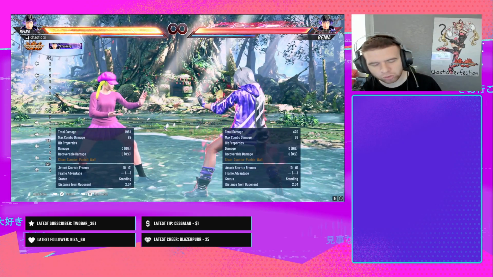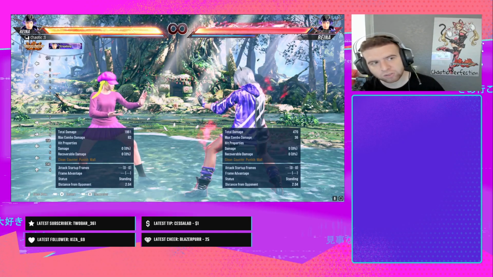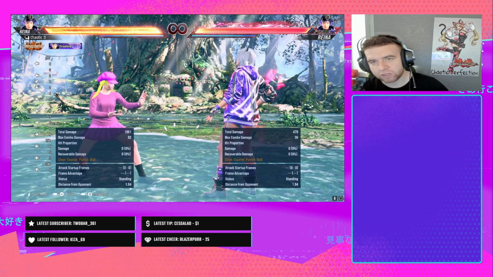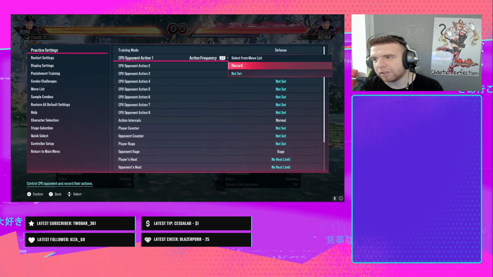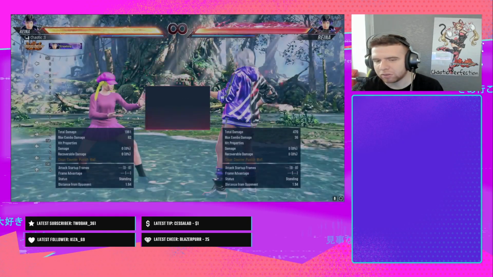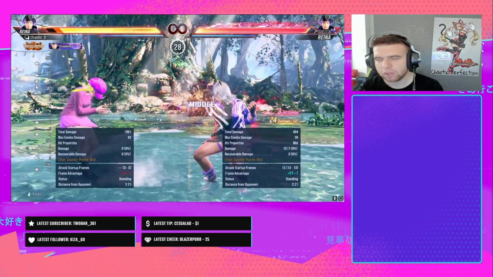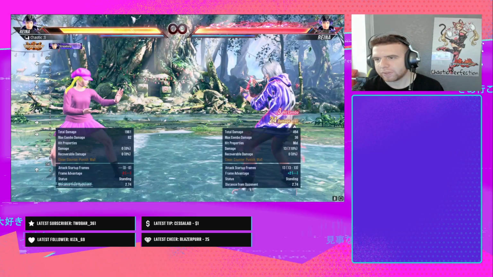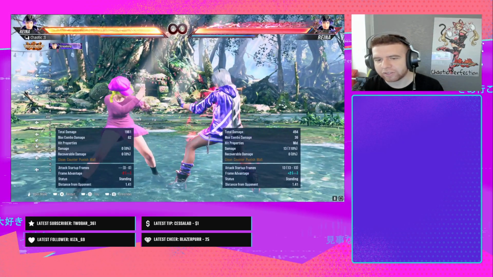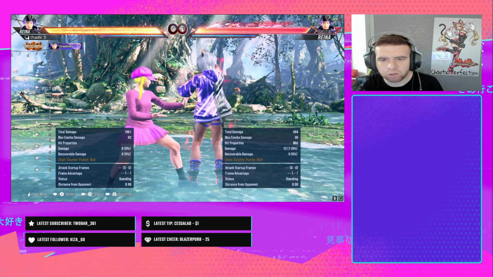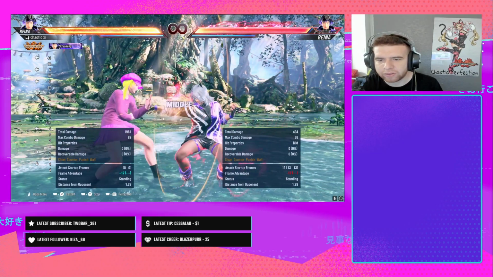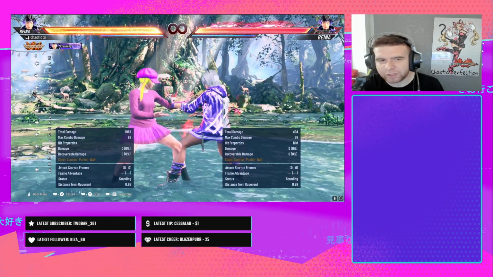So once you learn your punishes, then you can just test your punishes on the certain moves that you're seeing, right? So if I'm fighting another Reina, we're in a mirror match or something, right? And they do that. All right, and let's say I didn't have the frame data up right now on the screen. Let's say I didn't see that this was minus 17, right?